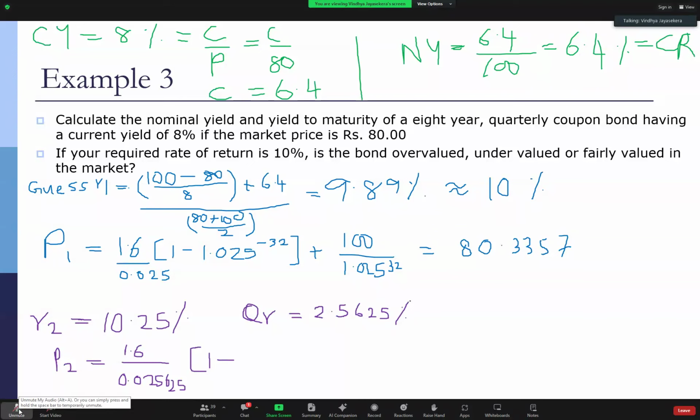Remember, if you are guessing all these decimal places, if you are guessing 10.25, you use the correct decimal places, right? Otherwise, in your interpolation, it will make an error. So if you have 5 decimal places, once you make that guess, you use 5 decimal places in your calculation. You can make a guess that doesn't have this many decimal places. That's okay. But if you make this guess, make sure to use all the decimal places.